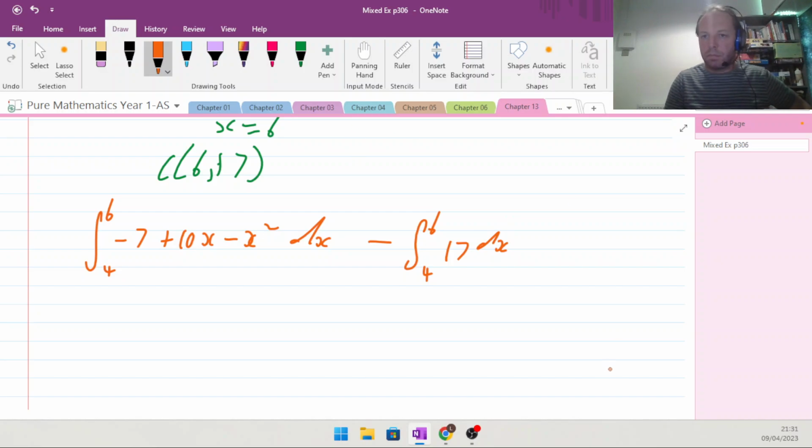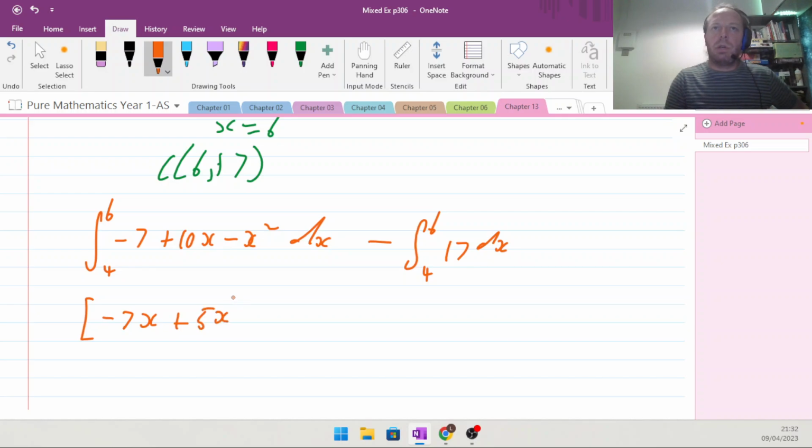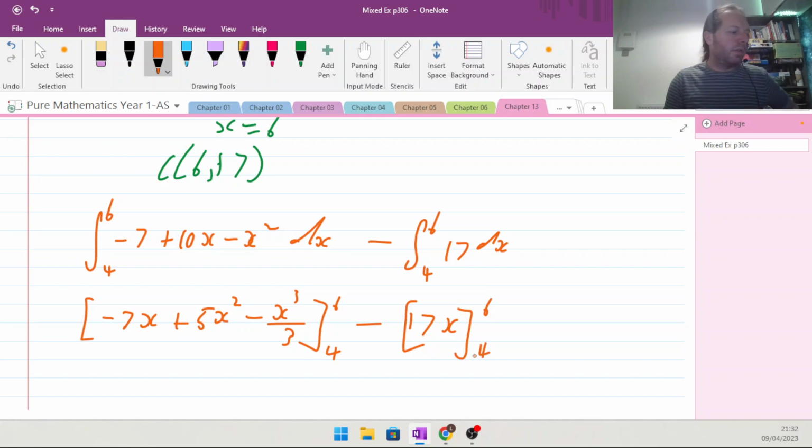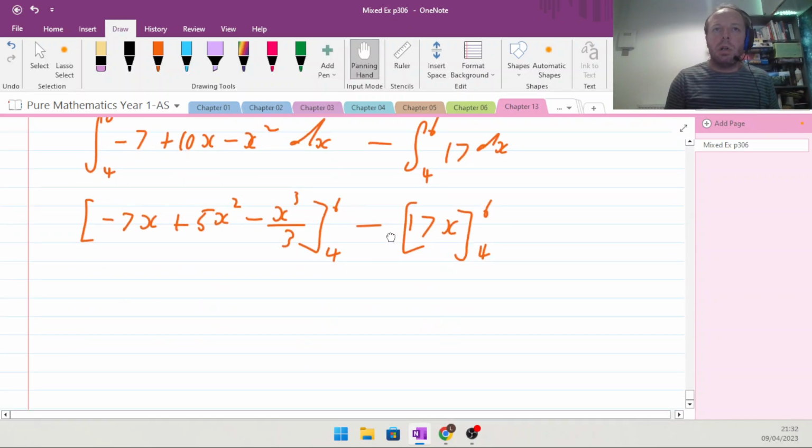So the integration of that is going to be minus 7x plus 10x squared over 2, that's 5x squared, minus x cubed over 3, between 6 and 4, minus 17x between 6 and 4. Last little bit on this then to finish it off, putting in the numbers.